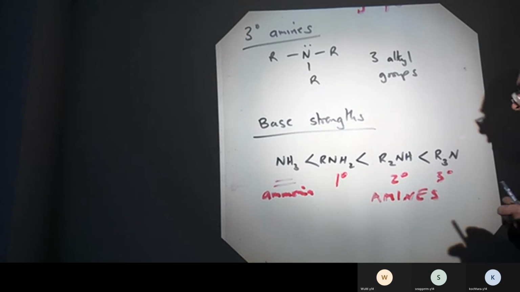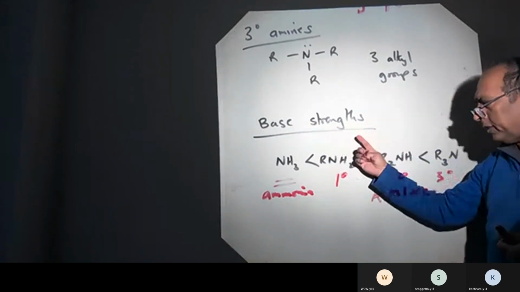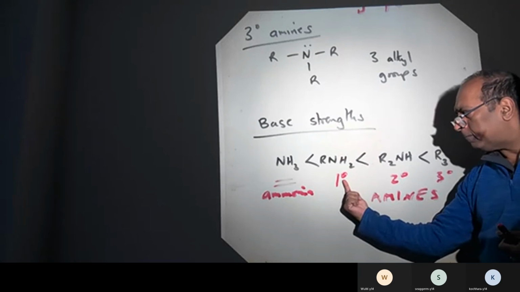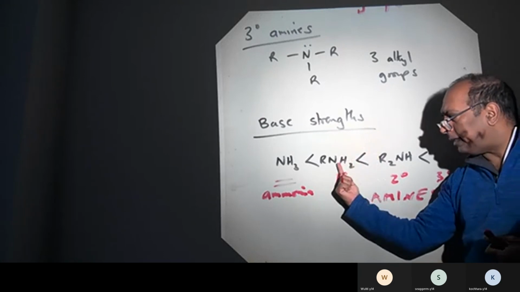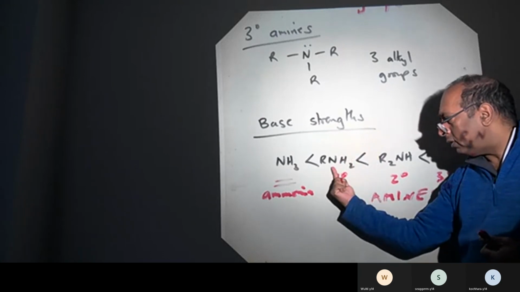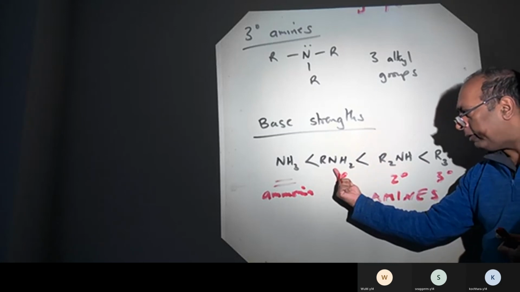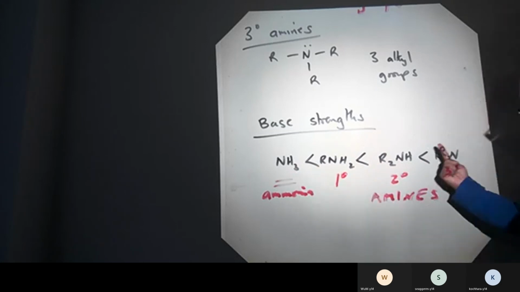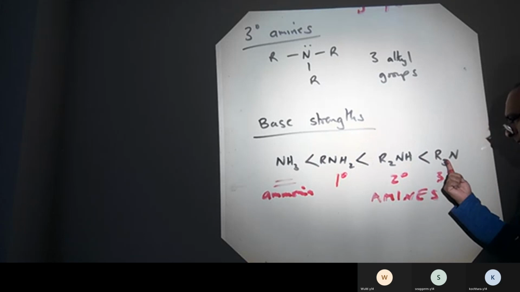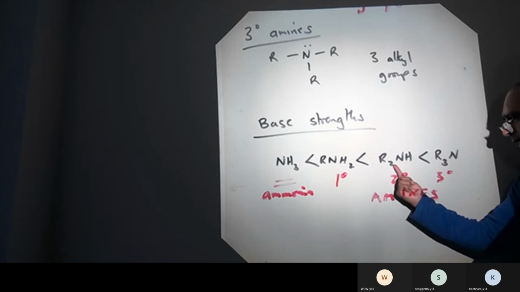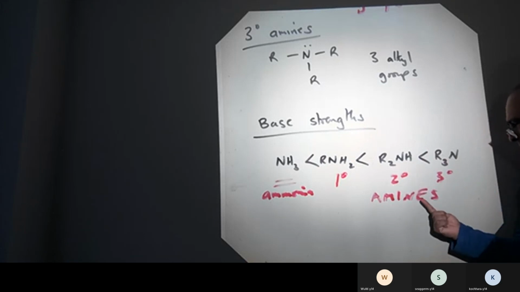the pattern you need to learn is base strengths. Primary are better bases than ammonia. Secondary are better bases than primary, and clearly better than ammonia. Tertiary are clearly better bases than secondary amines.